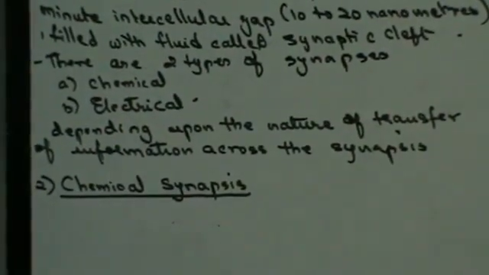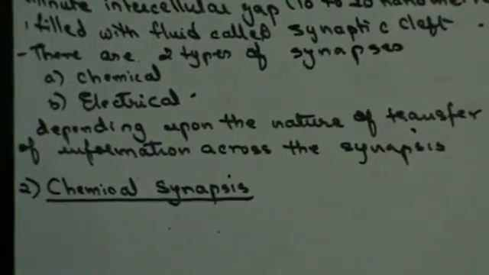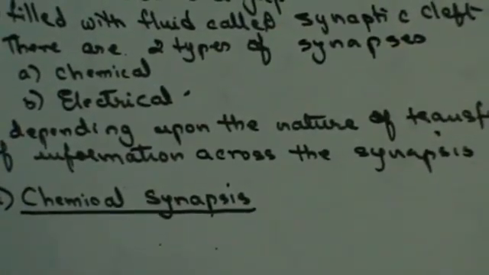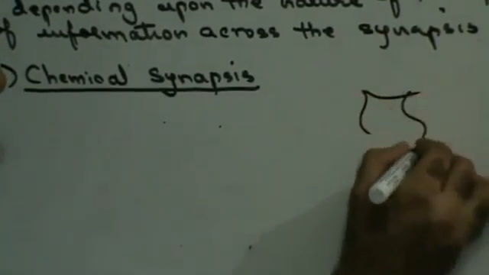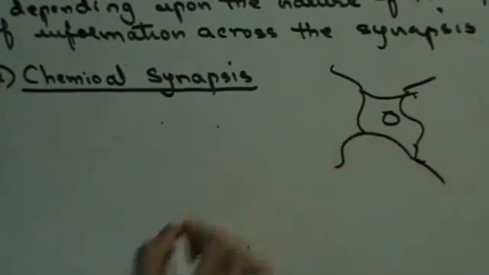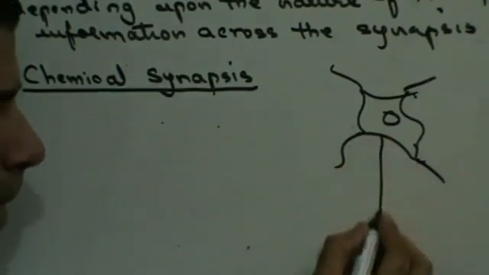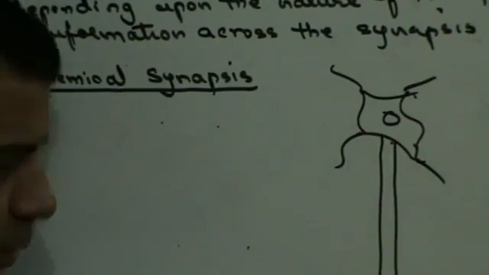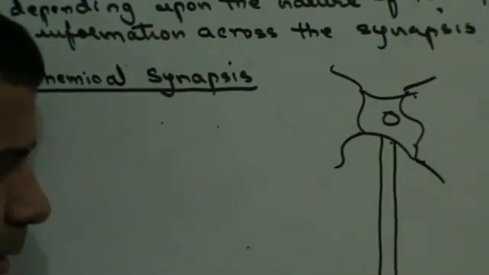What are chemical synapses? If you remember your nerve impulse, you have axon and you have dendrites, right? So you would have dendrites like this, the nucleus in the center, and the axon would come out from here and then it would branch.